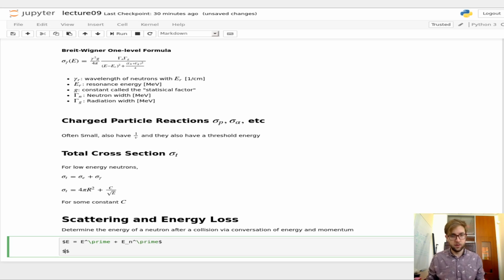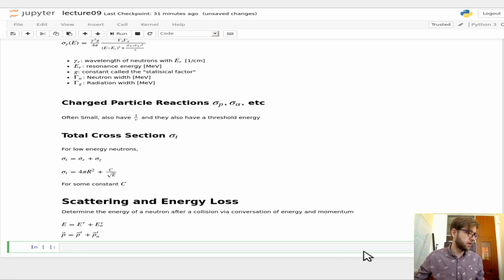And remembering that we are in vector notation, our momentum initially is equal to the momentum of the neutron afterwards plus the momentum of the nuclide afterwards, vector P sub n prime.